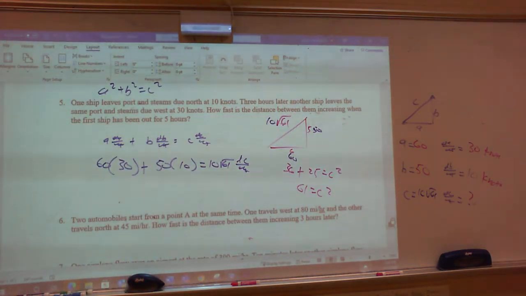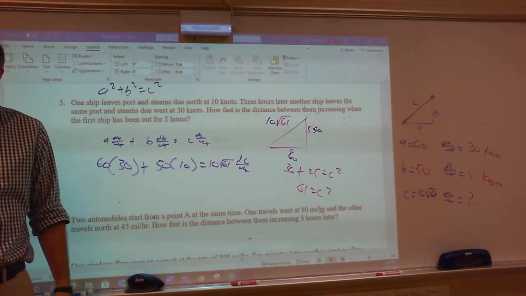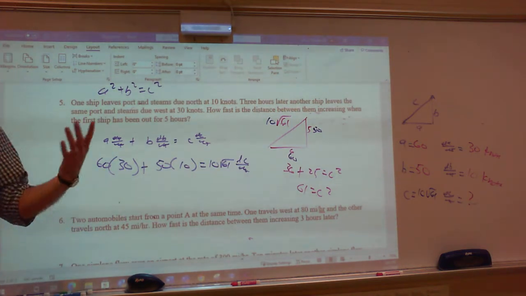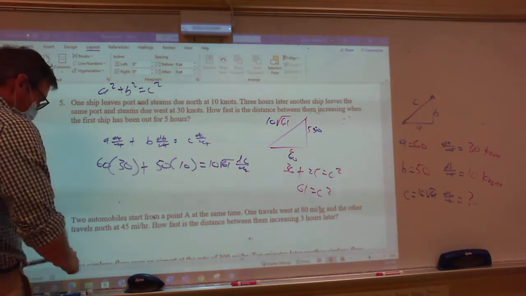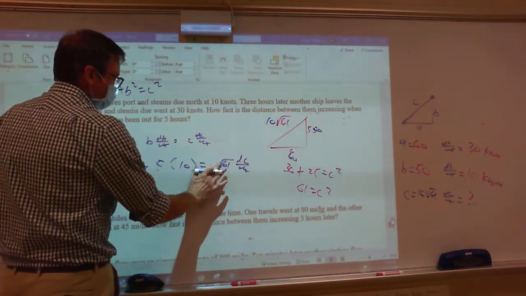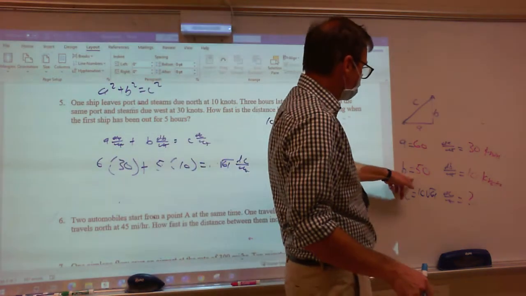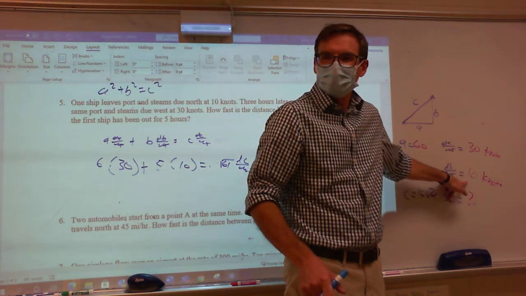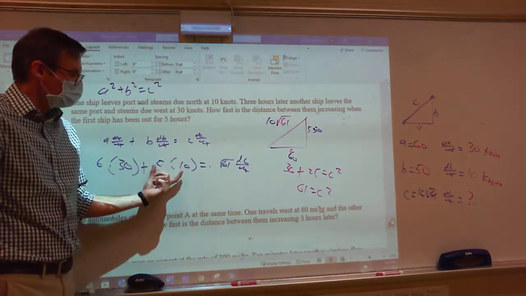Anytime I have an equation where I can divide everything, anytime I can make things smaller, see, I can divide everything by 10? Just anytime I can, I want to make numbers smaller. It just makes my life easier. So if I divide everything by 10, then this becomes 6 times 30, 5 times 10, and then square root of 61. Wait, I only get to divide by 10 once.